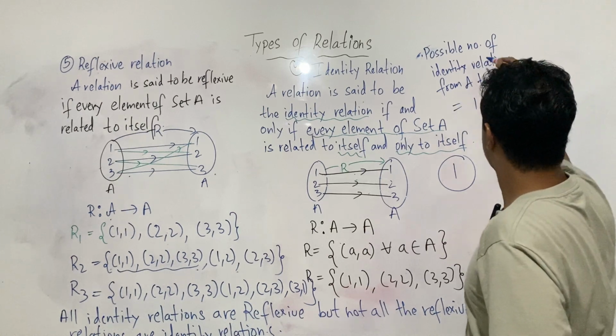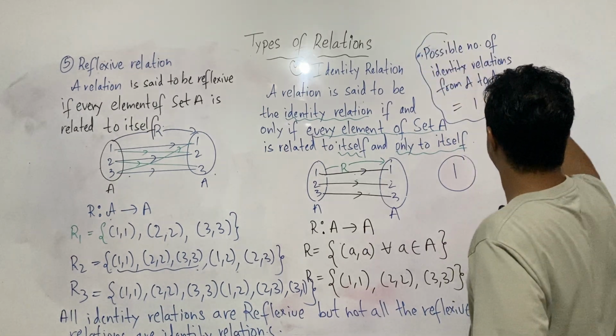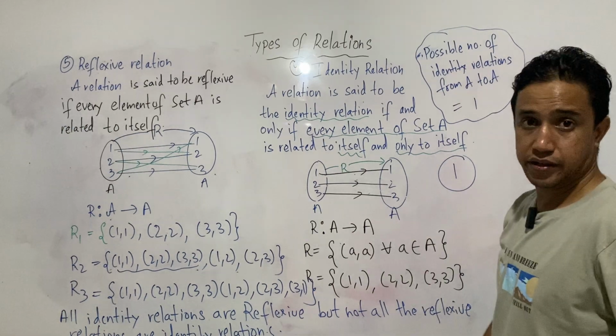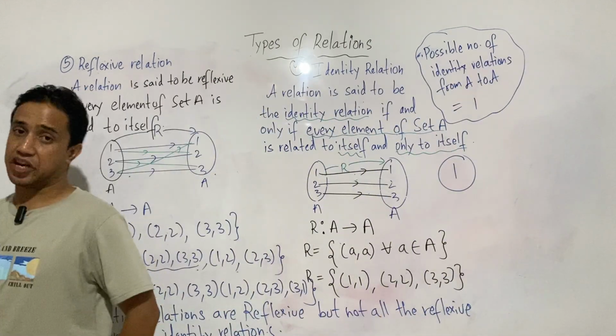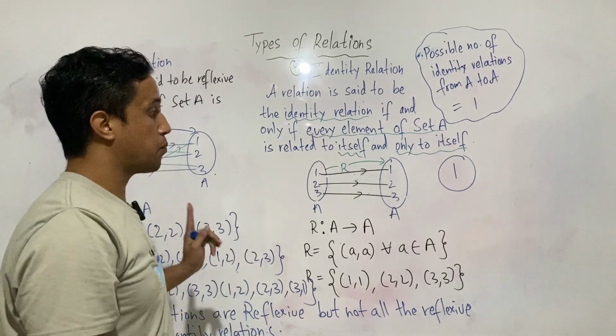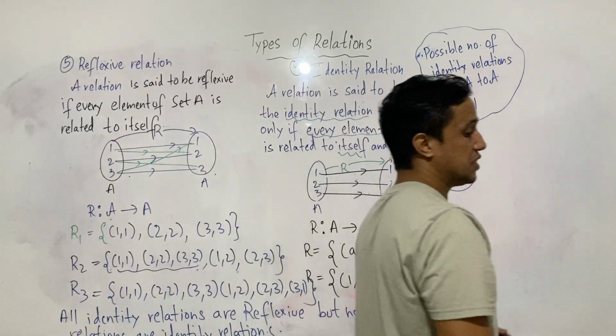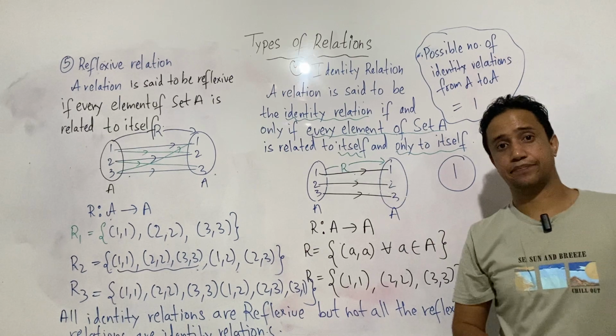Only one. Please keep this in your mind. There is only one identity relation that is possible from set A to A.